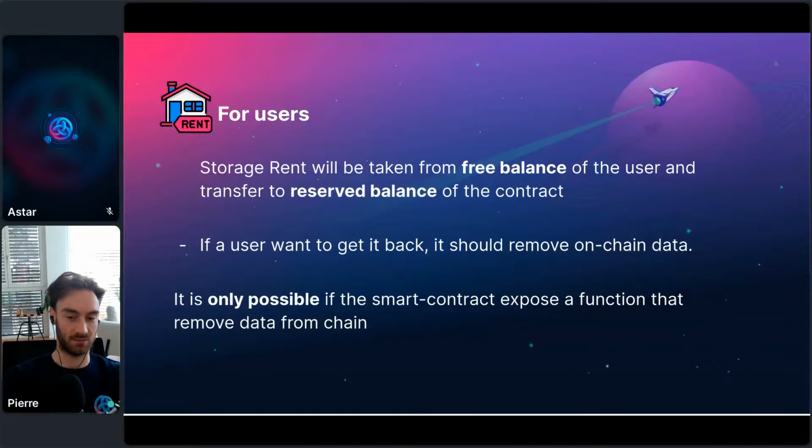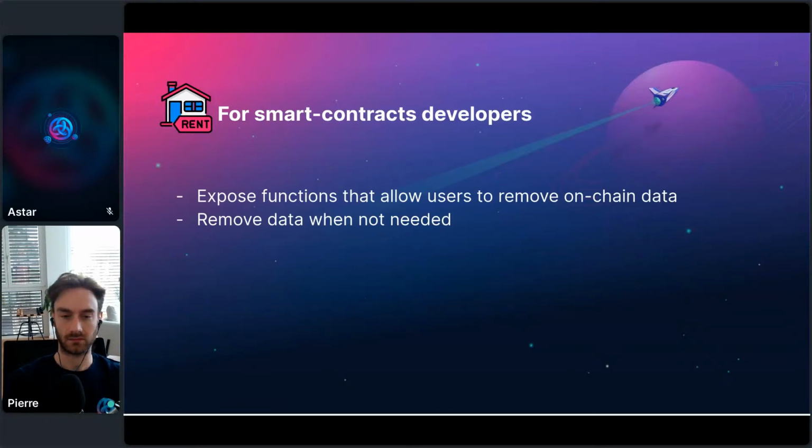But it's only possible if the smart contract exposes a function that allows callers to remove data from the chain. If there is no such function, then it's not possible to get these rent fees back.